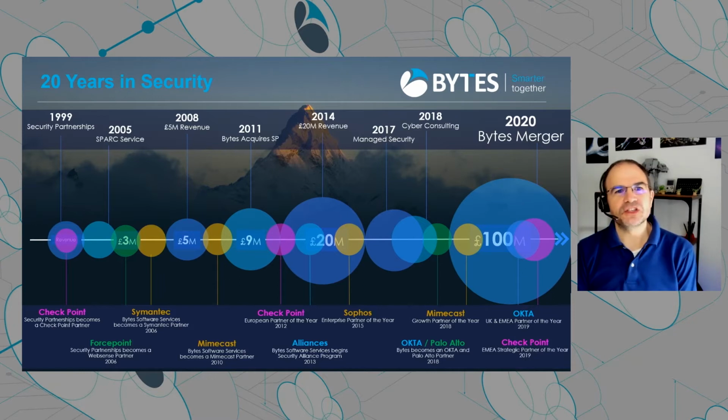I started working for Security Partnerships on January the 17th, 2000. As I'm prone to say, I could have murdered somebody and been out by now. We were fundamentally a Checkpoint and Mailsweeper vendor at that time, for any of you that remember the WebSweeper and MailSweeper branding that Mailsweeper used to use. And those were the three products, and Websense, that we used to deploy back then.